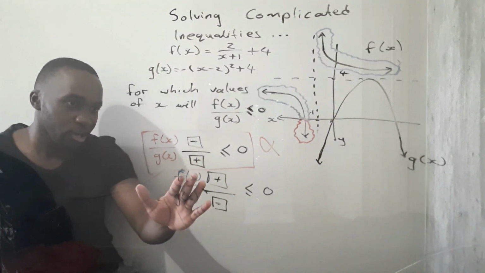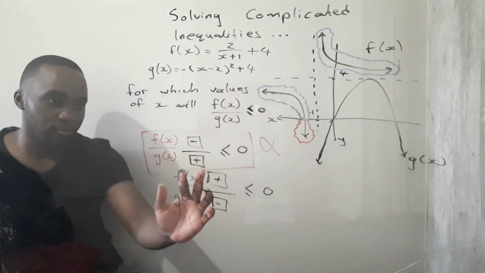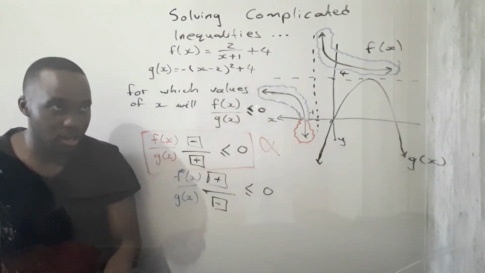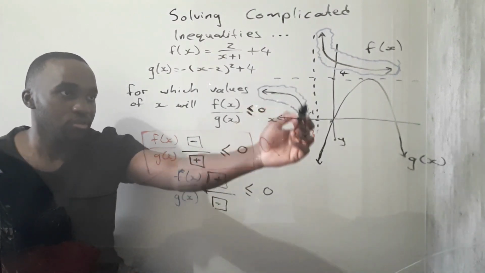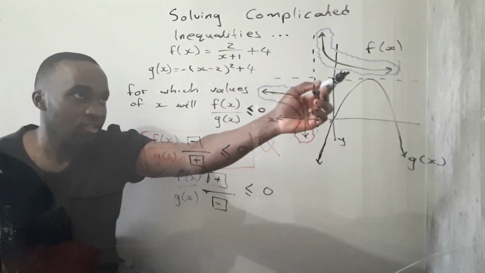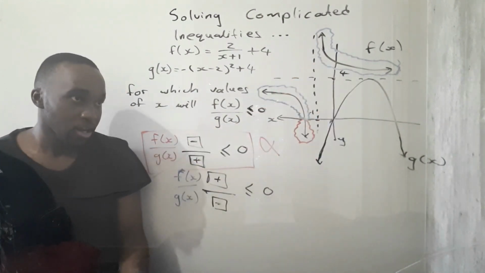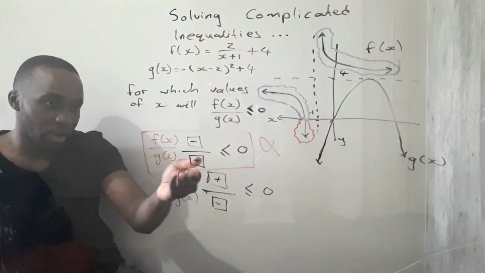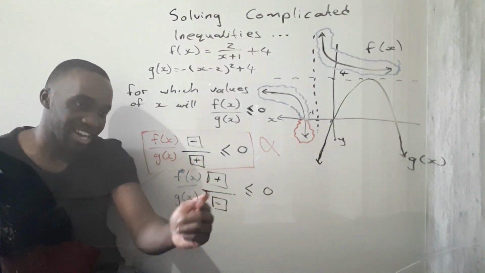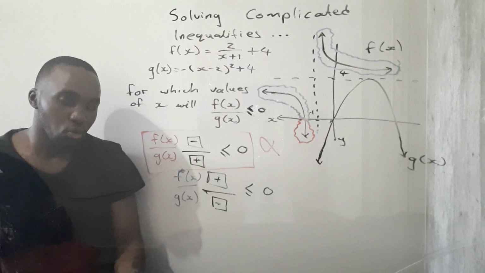So we wanted to show where f of x has positive y values. f of x has positive y values here. These are all positive y values for f. Now we want to map out where you have positive y values for f while having negative y values for g.